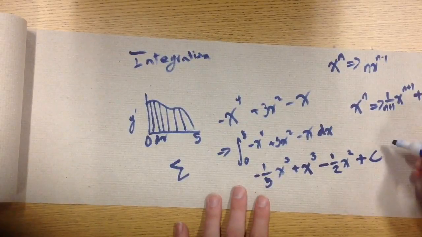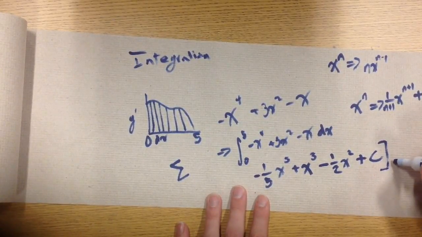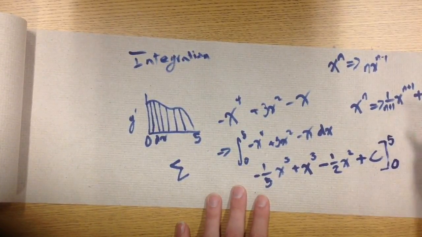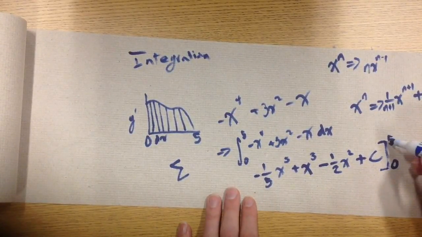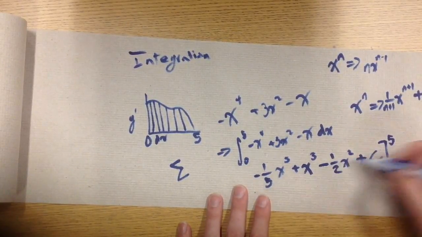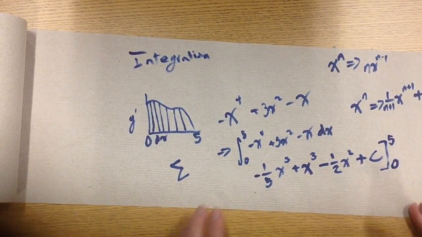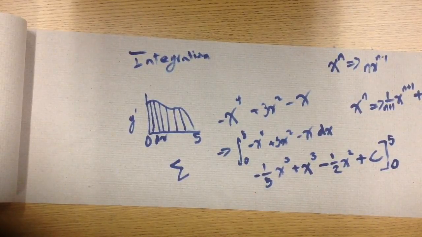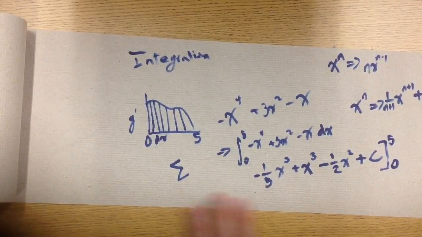And we're doing that from 0 to 5. So in order to figure out what it is from 0 to 5, we plug 5 into this whole equation, and we plug 0 into this whole equation, and we subtract them, because f of 5 minus f of 0 should tell us what's happening in between those.